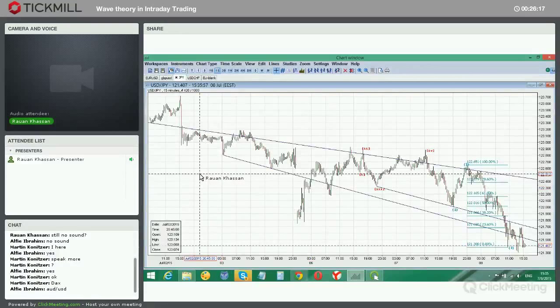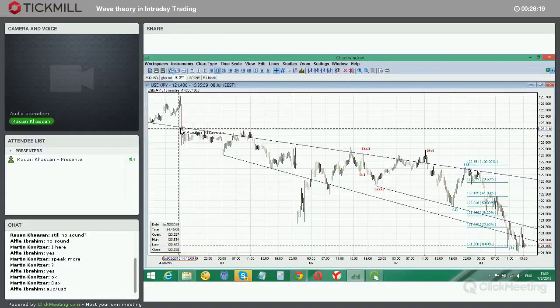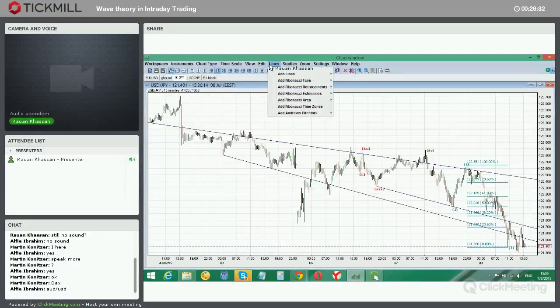So now we have the scaled version of the fifth wave, which helps us to understand what price we can expect further.